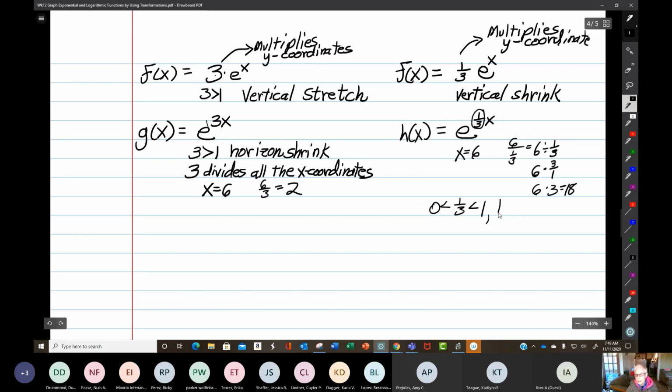This is a horizontal stretch. That's one of the most difficult things in math to remember. But you have to. So get out those flashcards.